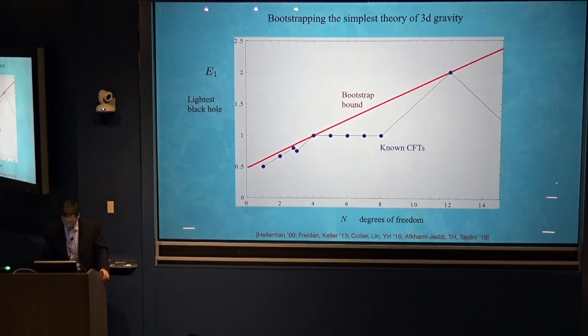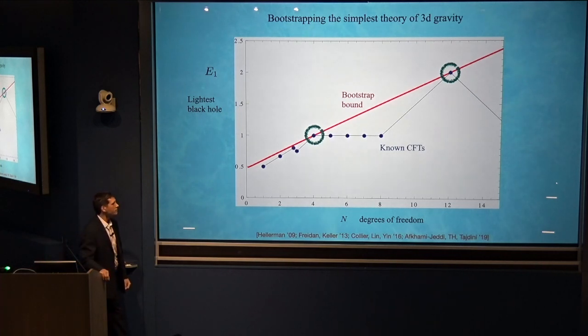But what you also see here is something interesting happening. That's happening at certain special numbers of degrees of freedom. So in this case, the bootstrap bound is exactly saturated.